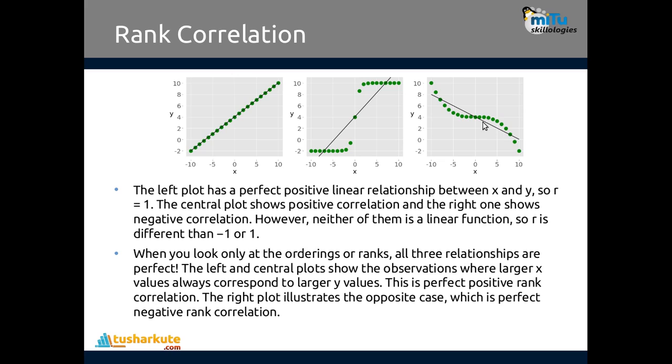Okay, negative rank correlation. So we just consider it's incrementing in all the cases. Highest and lowest are matching, and increment is also matching but not linear. Here the most negative or opposite case is present, this is what we call the negative rank correlation.